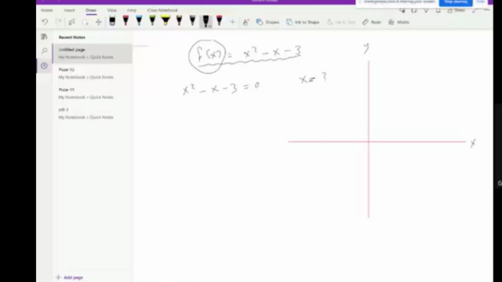I have two ways or more to solve this: by identical solution, by experiment, or by using what?